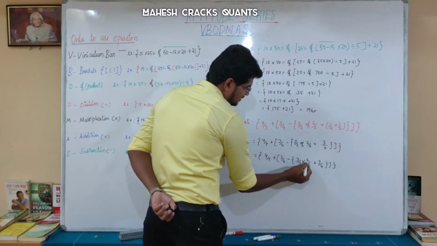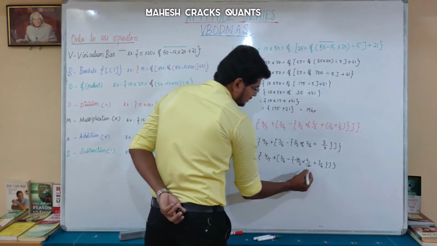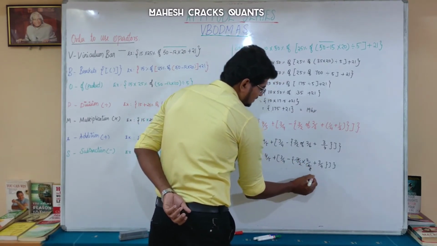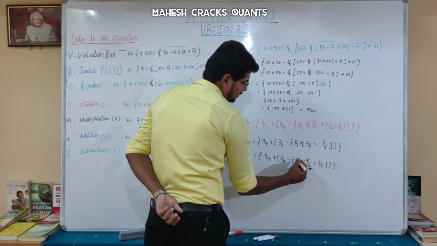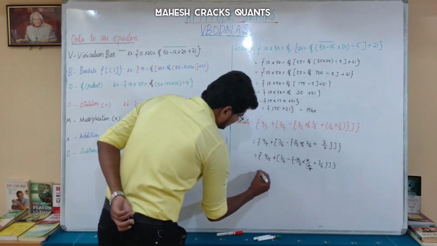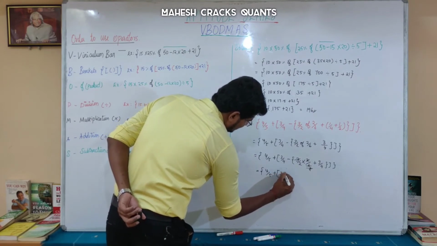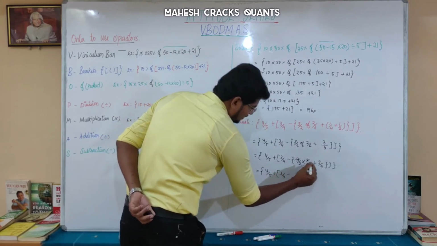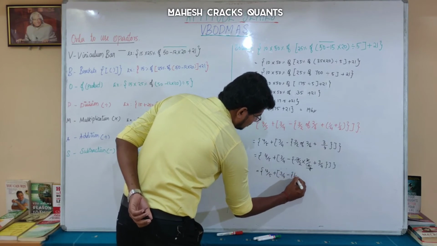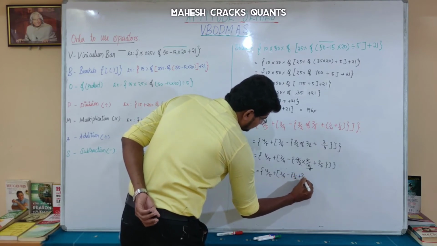You can cancel this: 3 with here, 2 times 3 is 6, and 2 with 2 you get 1. 1 by 2 is what you will get here. So next step is 4 by 5 plus of 3 by 4. Here you will get 1 by 2 plus 3 by 4.